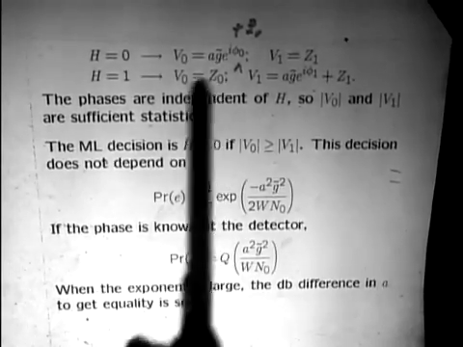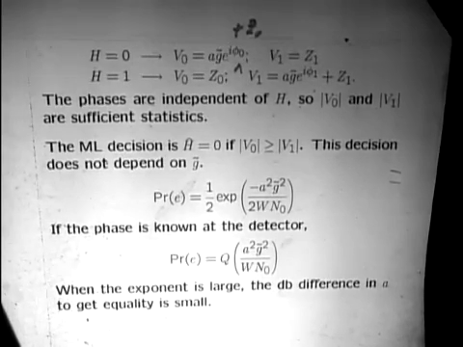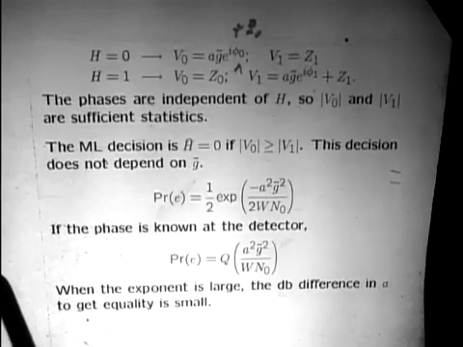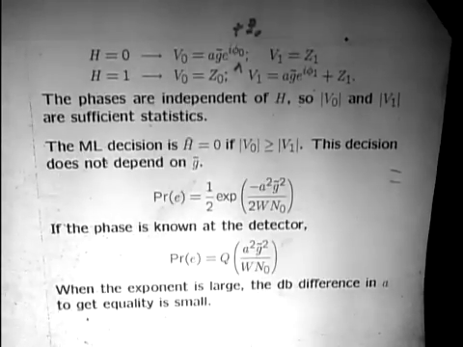But now we go back and think about this and look at our detection rule, which is the optimal detection rule. And the optimal detection rule is, no matter what g tilde happens to be, we compare the magnitude of V0 with the magnitude of V1. In other words, we have analyzed this assuming that we know what g tilde is, we know what the gain of the channel is, but the receiver doesn't pay any attention to it.